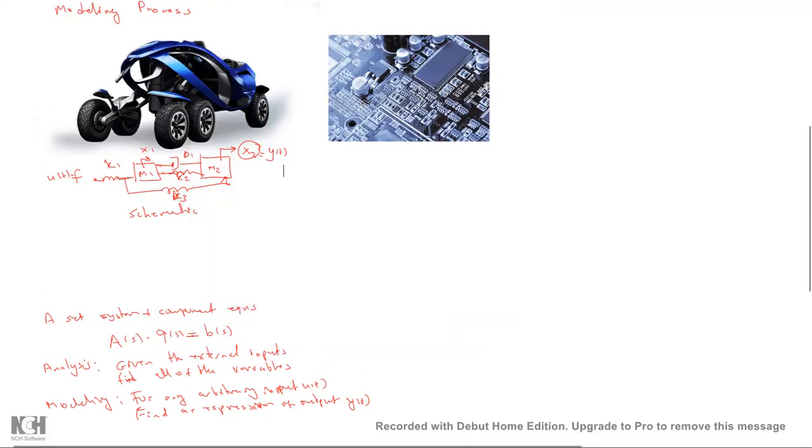For other classes of the system, such as electrical ones, we might have some electrical circuits as shown in this PCB board.